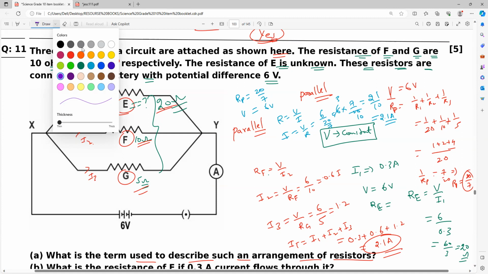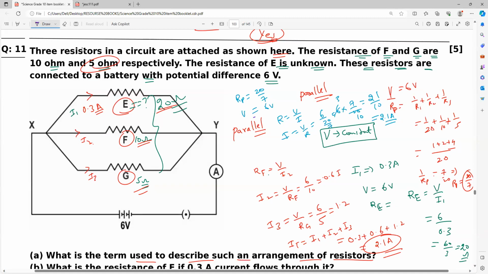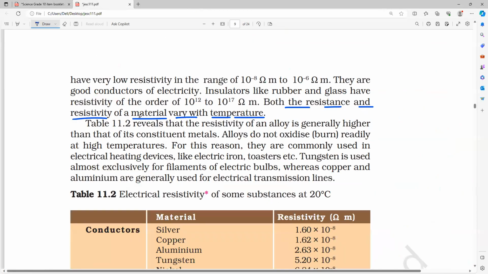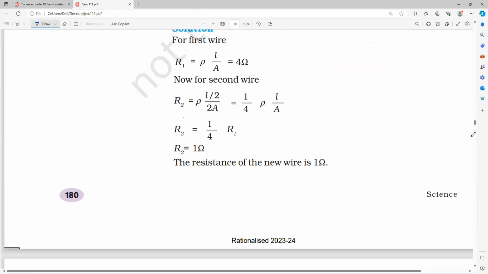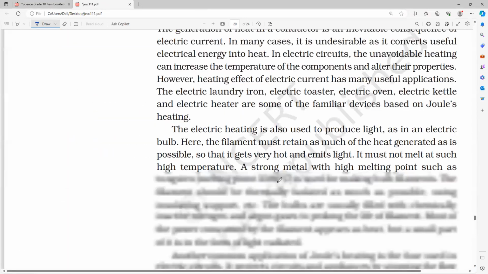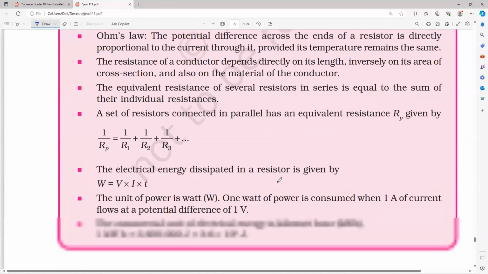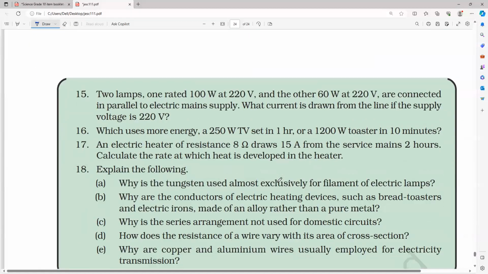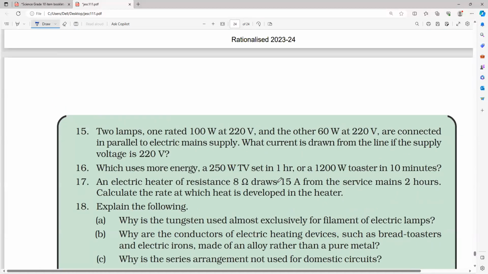But I1, I2, I3 is always easier because in parallel connection, we all know that the sum of the individual currents is equal to the total current. There is a question that every book, every resource, every material will follow. They will calculate individual resistance and then try to find the total current.